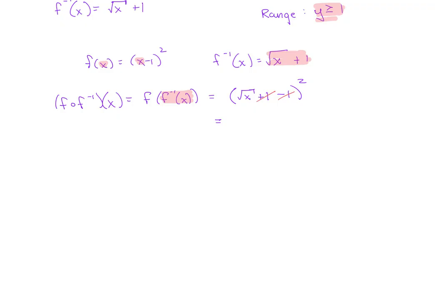This leaves me with the square root of x, squared. And then we can cancel our square and our square root, and we get that this is equal to x. All right, now we're going to go the other direction.